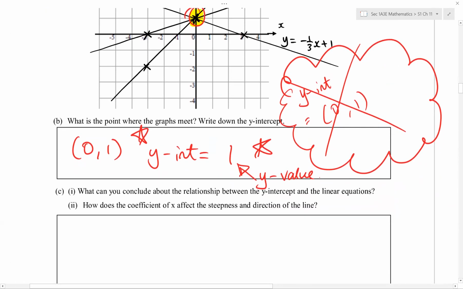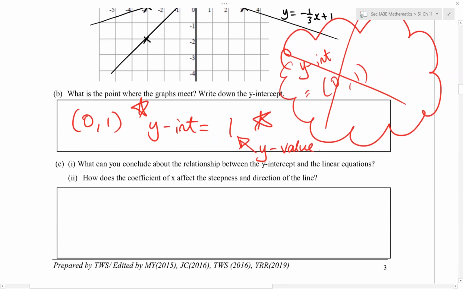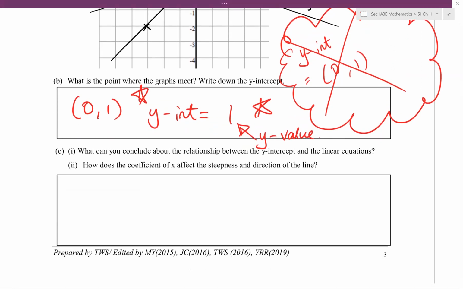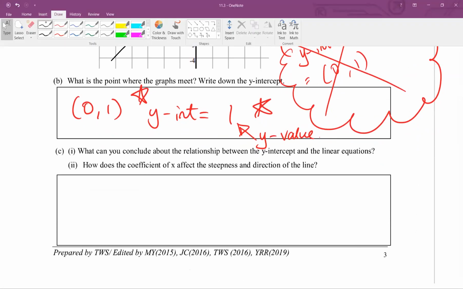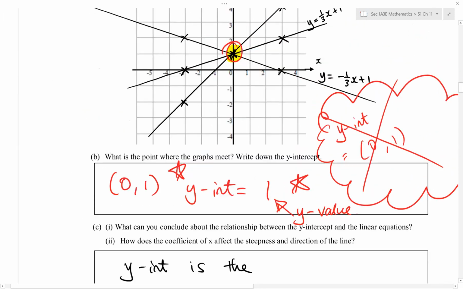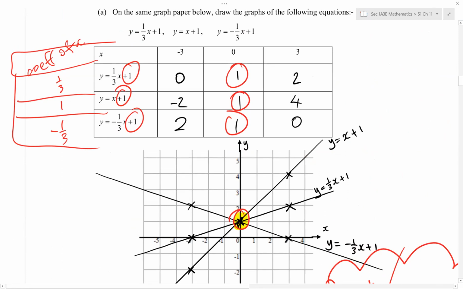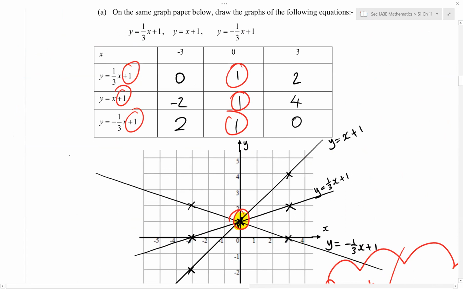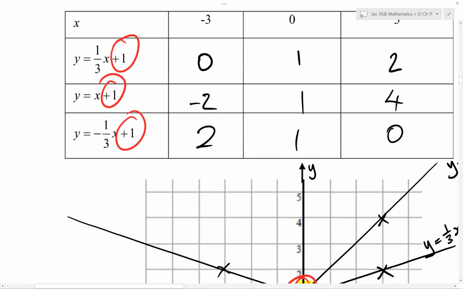So what can you conclude about the relationship between the y-intercept and the linear equations? Let's look back at our three equations. How will you describe these three ones, the ones that are circled in red? You know, we had one word, right?